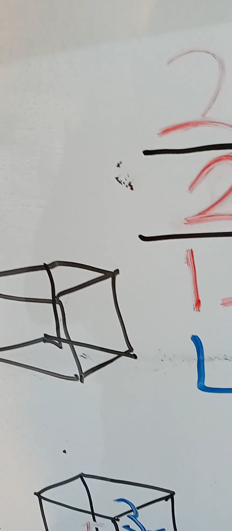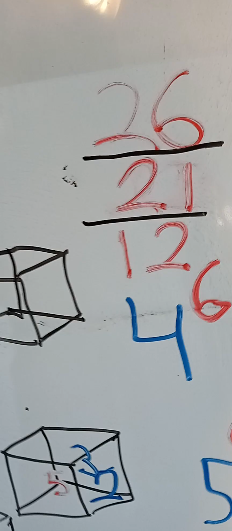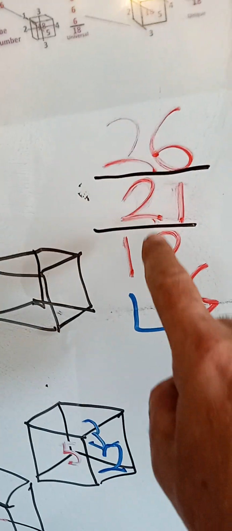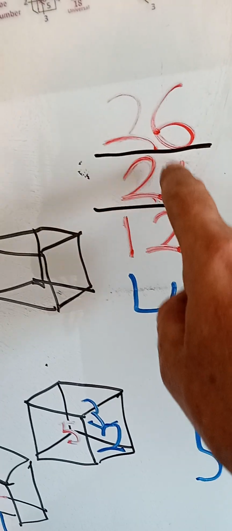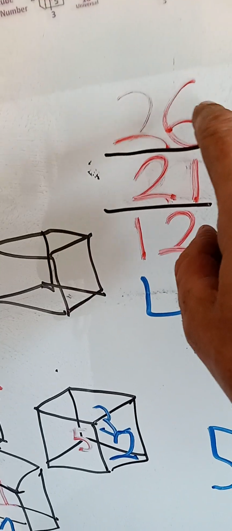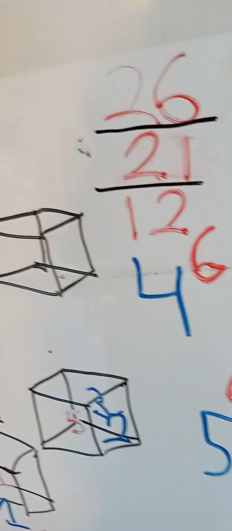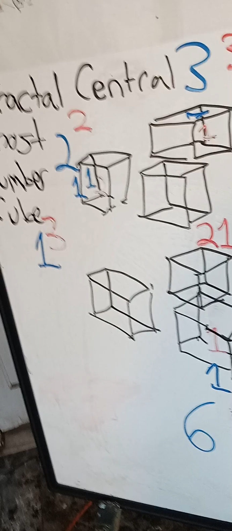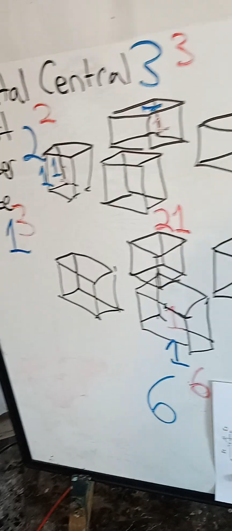That should be 27, 21, and 12. Those are the main ghost number, the higher ghost number, and the lower ghost number, central ghost number, the fractal cube. So I just discovered that today.